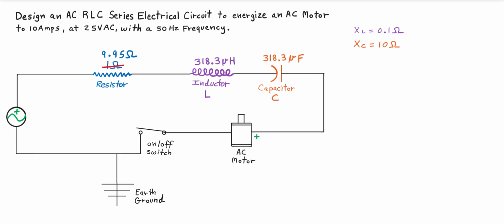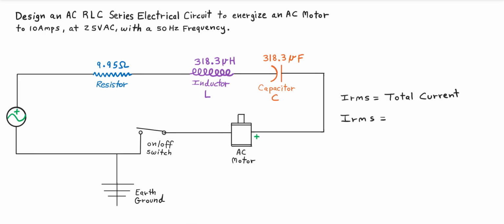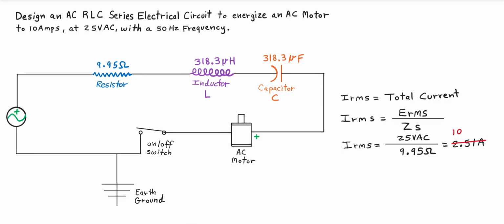So we'll just enter that in, but we still have to test it to see if our current value is what we want. So we can divide the RMS total voltage into the impedance that was calculated, and we actually do not get what we need. We get 2.51 when we need 10 amps. So what we can do is just make 10 amps equal to the RMS voltage divided into some impedance, Z sub S, and then solve for what we need.